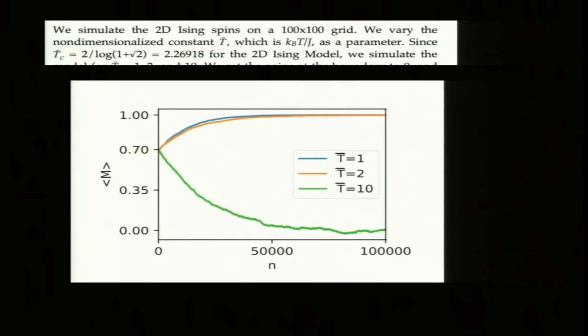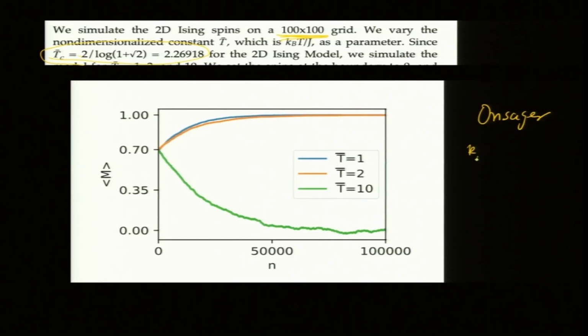I made 3 runs only, short of time, with a 100 by 100 grid. So the critical temperature is this. It has been derived by Onsager, not Ising, sorry. Onsager solved this problem. You might have heard of this guy, Onsager. He solved this problem and computed the normalized critical temperature.